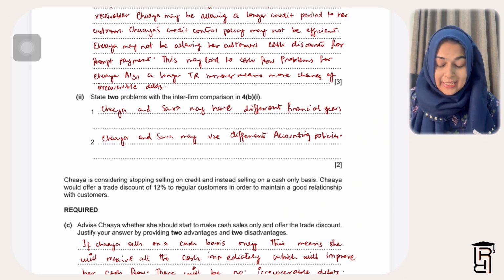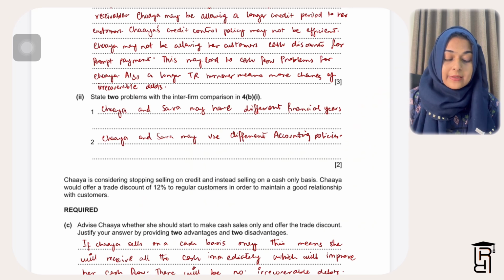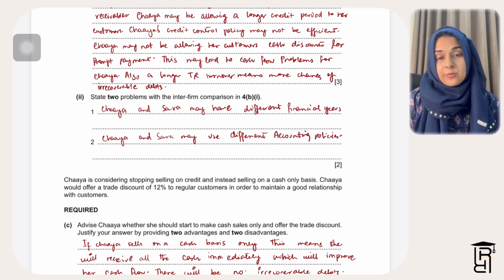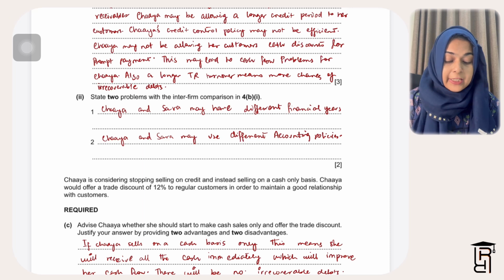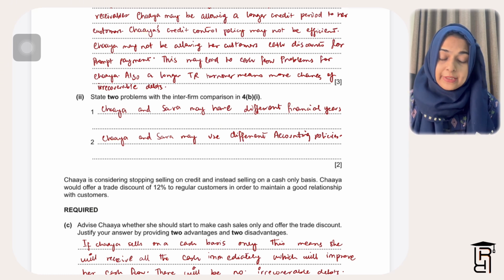In the next part, Chaya is considering stopping selling on credit and instead selling on a cash basis only. Chaya would offer a trade discount of 12% to regular customers in order to maintain a good relationship with customers. We need to advise Chaya whether she should make cash sales only and offer the trade discount. They have written two advantages here and two disadvantages.